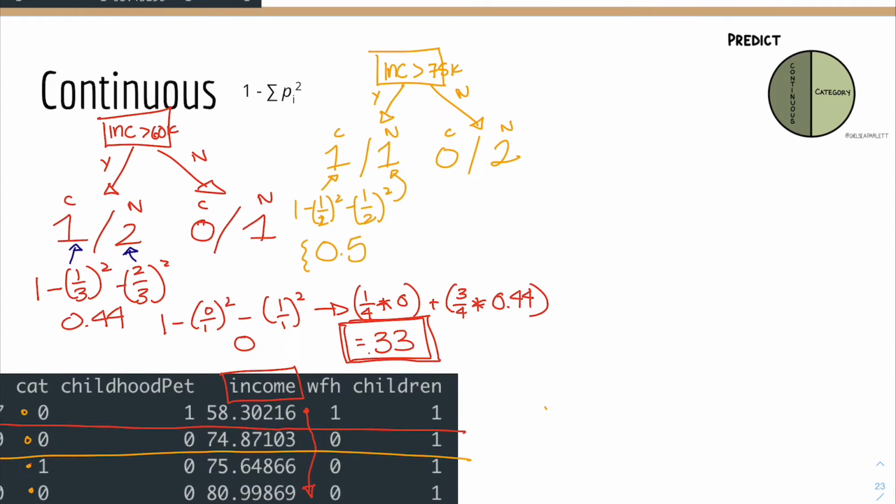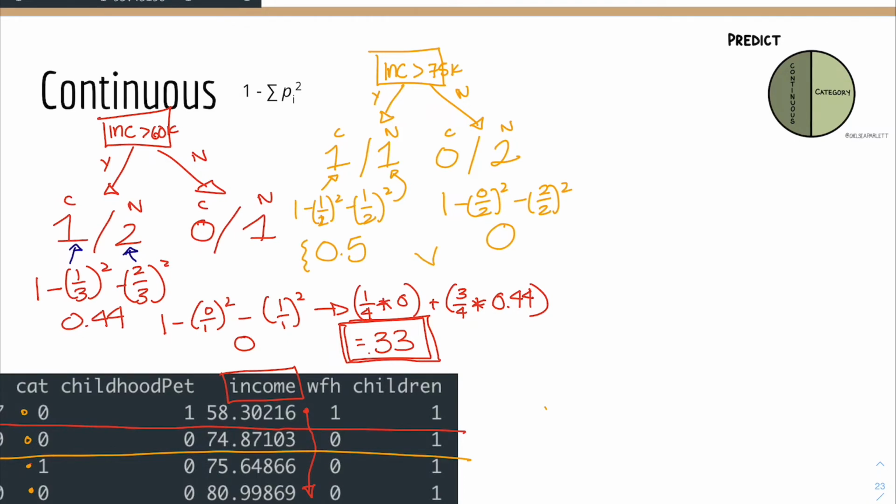On this side, we're going to have 1 minus (0 over 2) squared minus (2 over 2) squared, and our impurity is going to be 0. And remember, impurity is 0 when we have all of one group in that node. So one node that only has one category in it. Now we need to create a weighted average.